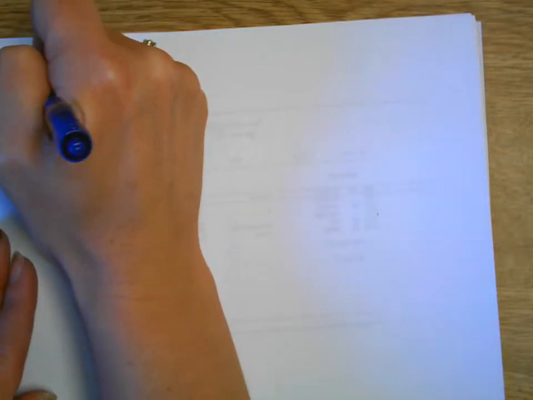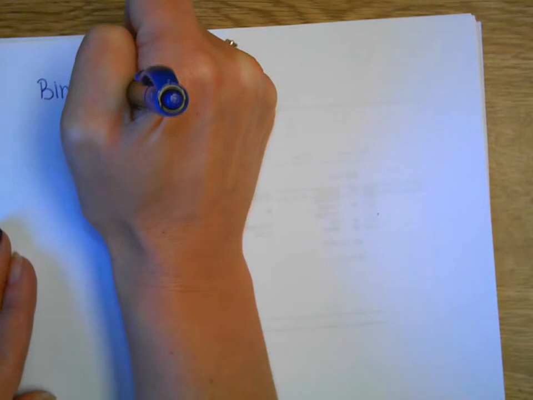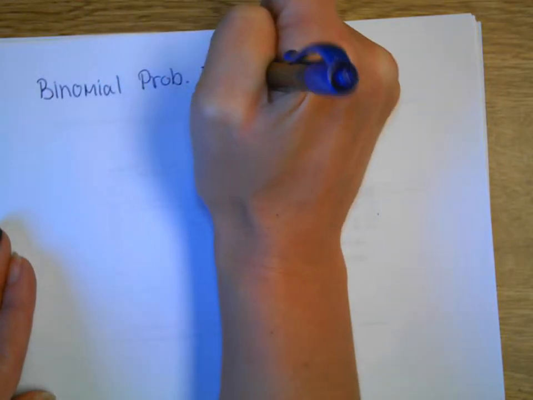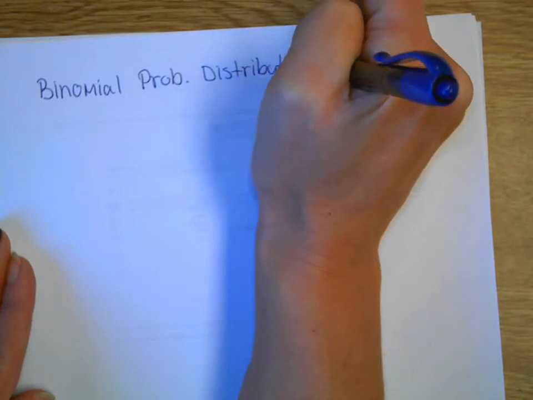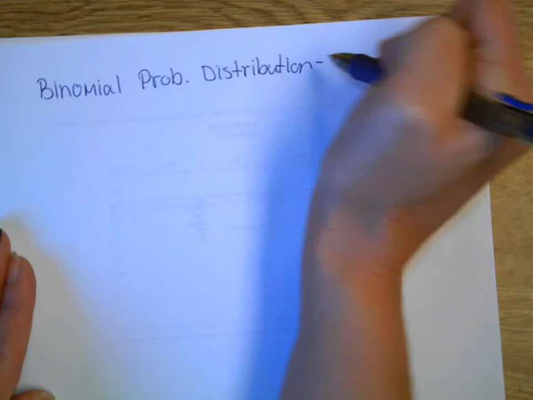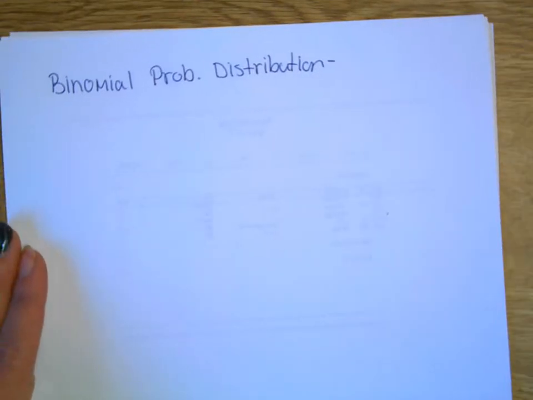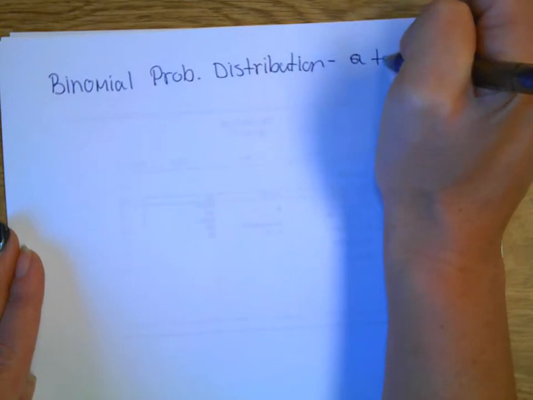Okay, now we're going to make a binomial probability distribution. There's no formula here. This is just a definition. This thing is a table.